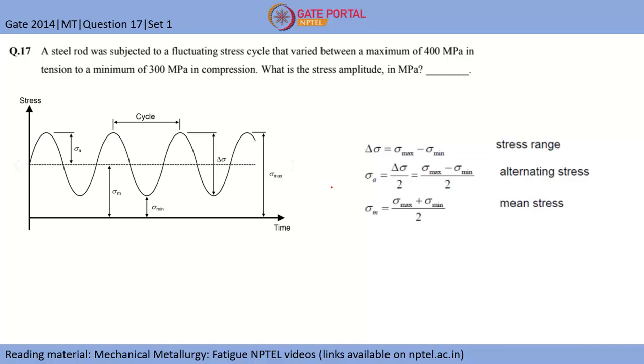Now in the question it is given a maximum of 400 MPa in tension and a minimum of 300 MPa in compression. So this is tension-compression fatigue.